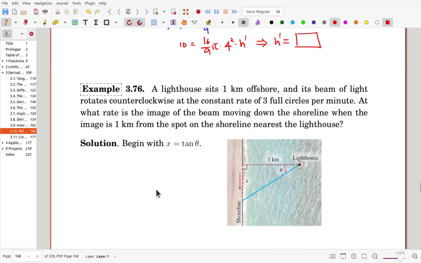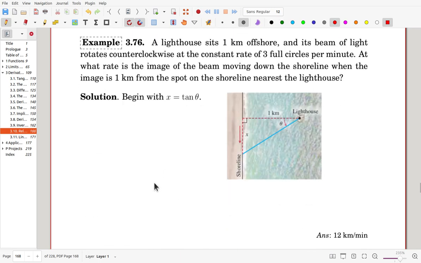Okay, let's go to this example. The lighthouse, just 1 kilometer offshore. That is a picture made for you, and its beam of light rotates counterclockwise at a constant rate of 3 full circles per minute, so the light beam is rotating in that direction.